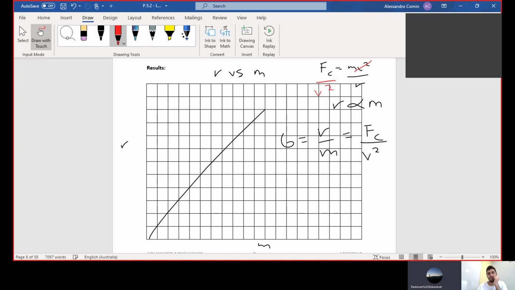So to find the centripetal force, Fc equals the gradient times V squared. And you can find the velocity by measuring the time it takes to travel the set radius. You already know R, so you can do 2 pi R and measure the period T.